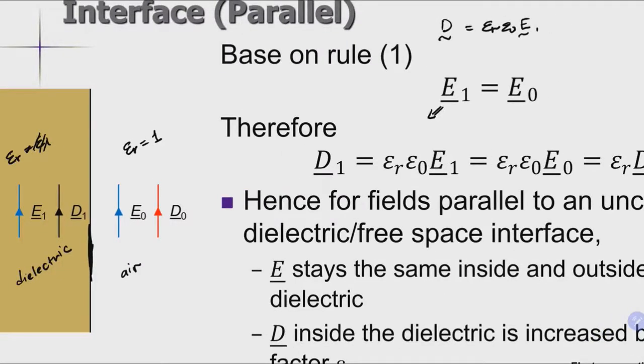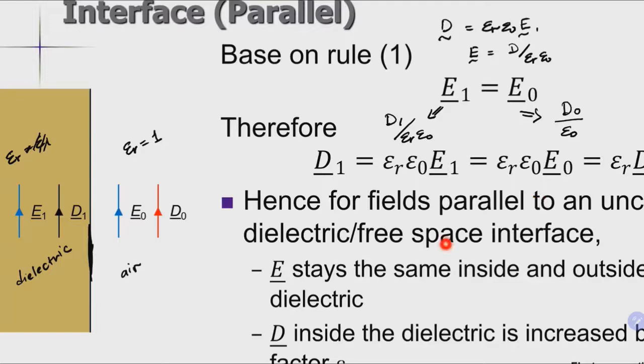So here, E is equal to D over epsilon r epsilon naught. We can replace this equation: this will be equal to D1 over epsilon r epsilon naught, and this one, D naught over epsilon naught, because epsilon r is equal to 1.